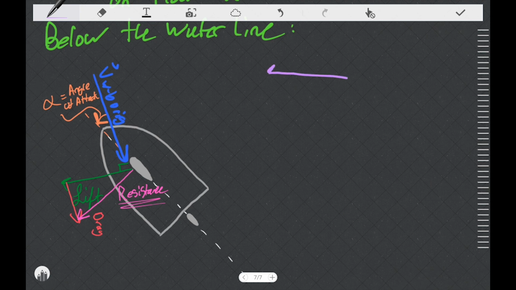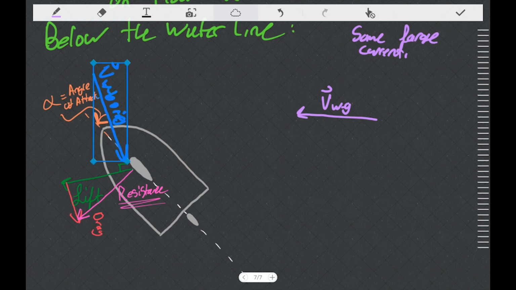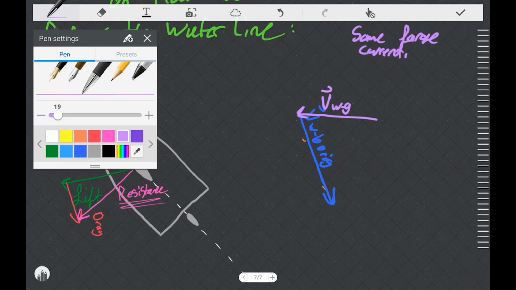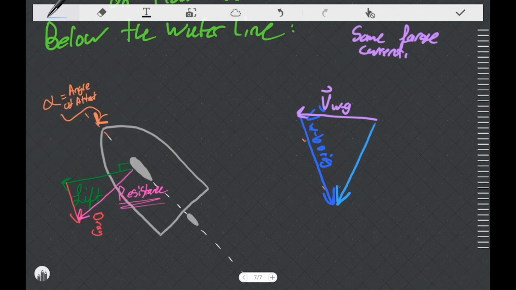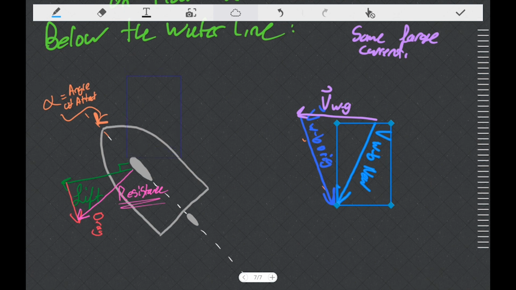So I want to examine a situation where we have a very strong current and a boat that's not moving very quickly. So if we go back to our original dark blue VWB vector, and we add to it some large VWG vector, what we can find is a new VWB vector, and we can see that this one is going to make a very sharp angle with the foil.